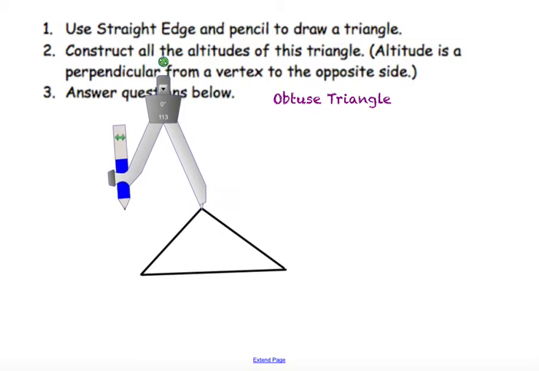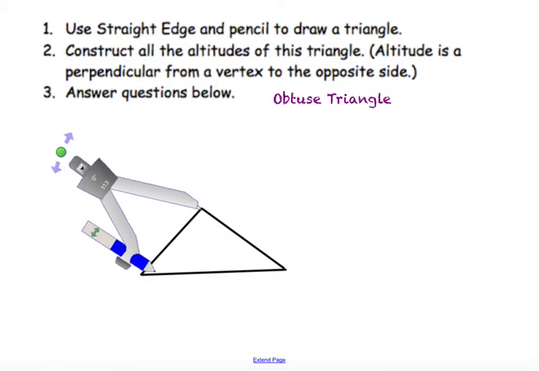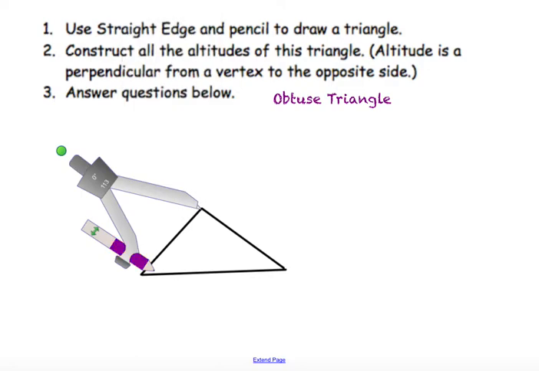So we're going to do the altitude from the obtuse angle, and to do an altitude, remember that to draw a perpendicular line from a point to a given line, you start from that point, which is going to be this top corner of the triangle that we're using right now. So from this point, we're going to draw a curve across the side opposite from it.